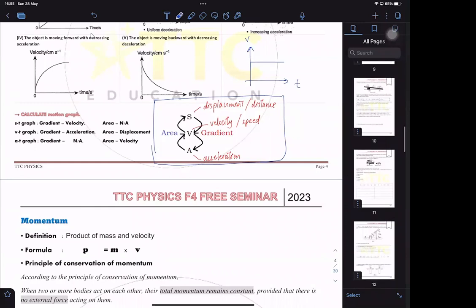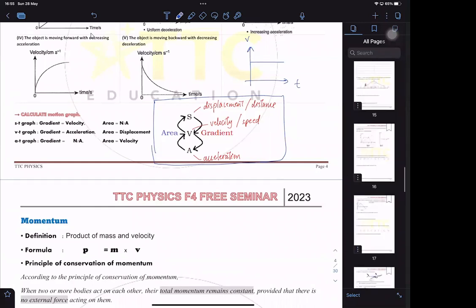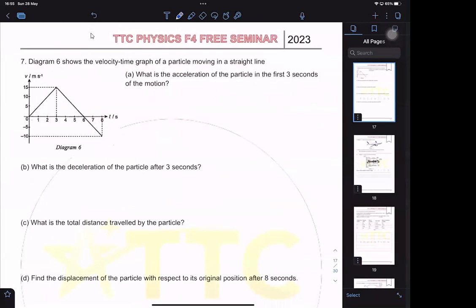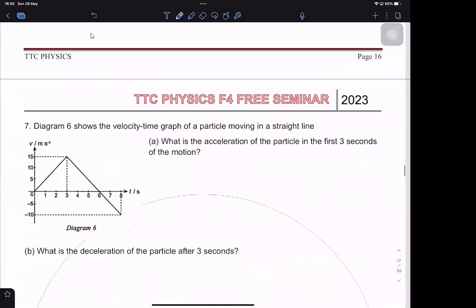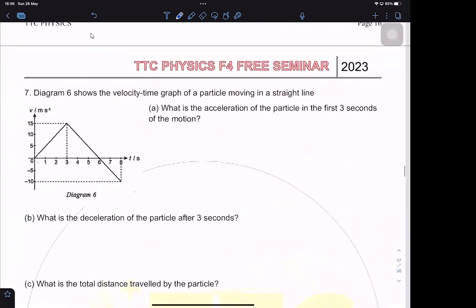So we can try doing this. You can look at question number 7 on page number 17. Okay, here we have a velocity time graph. What is the acceleration of the particle in the first 3 seconds of the motion? Again, I write down my SVA first.